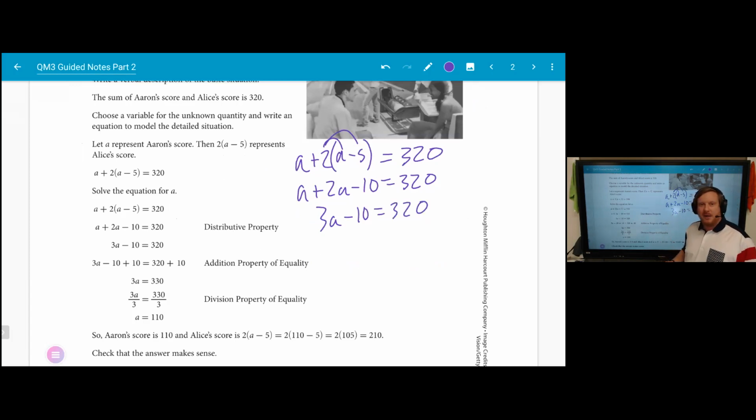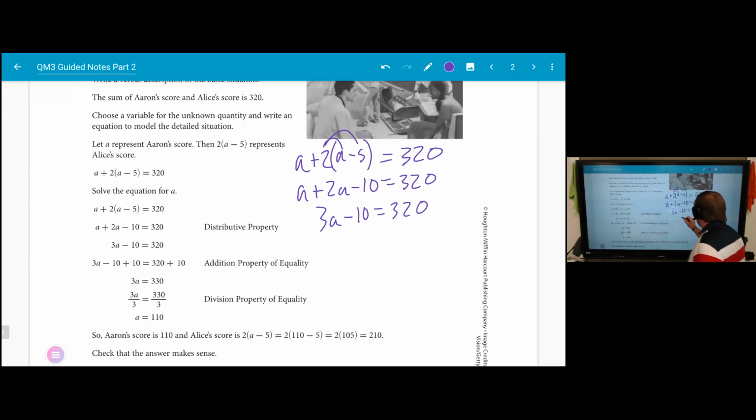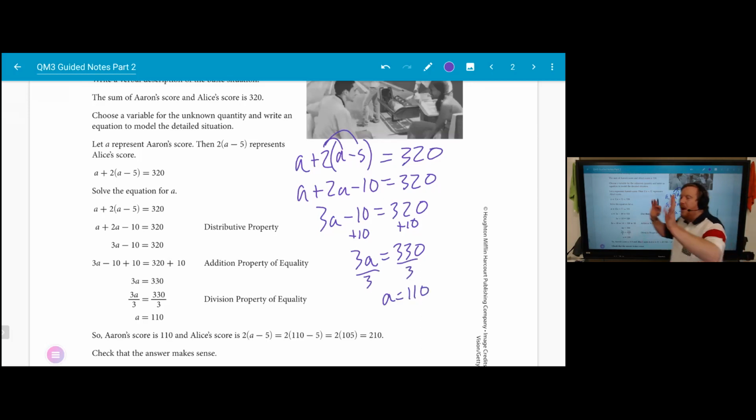And now we have a 2-step equation. It's like everything we've been doing is leading up to this point, because that's how I planned it. Here we go. We're going to add 10 to both sides. So 3A equals 330. Divide both sides by 3. And A equals 110. Yay, 110.